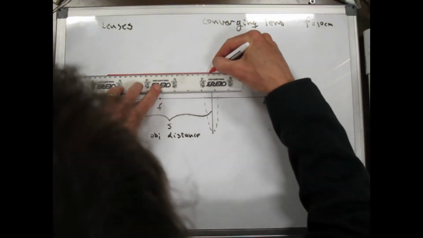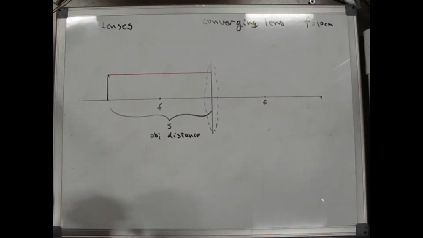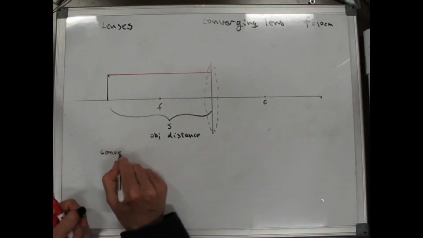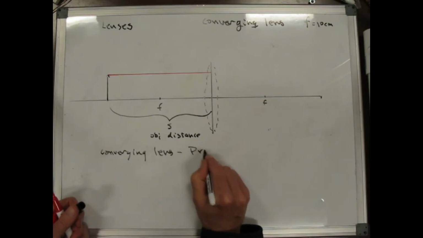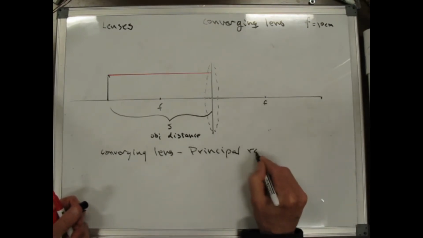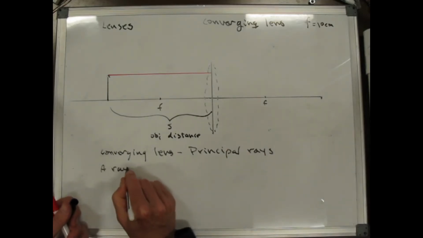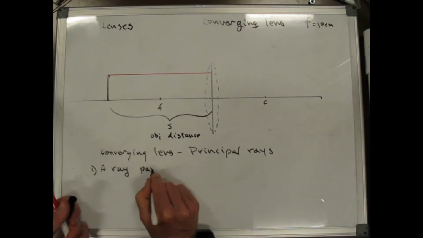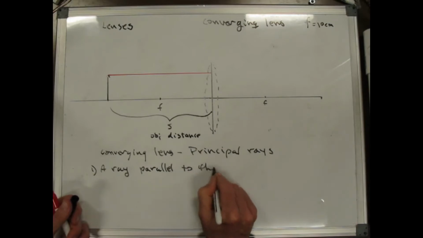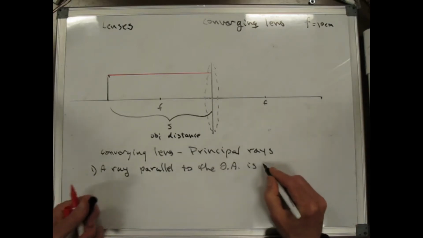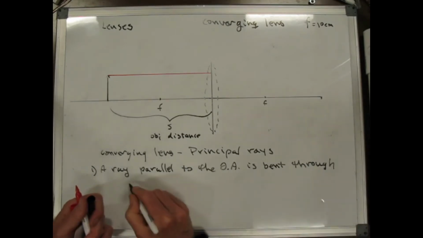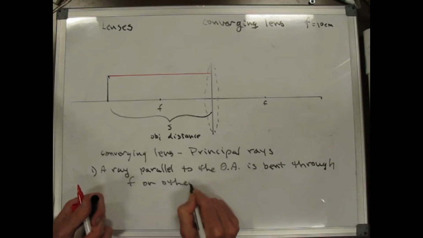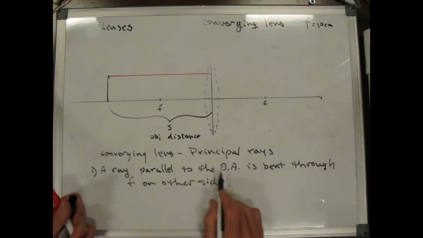The first principal ray, again, this is for converging lenses: a ray parallel to the optic axis, like this one, is bent through the focal point on the other side.